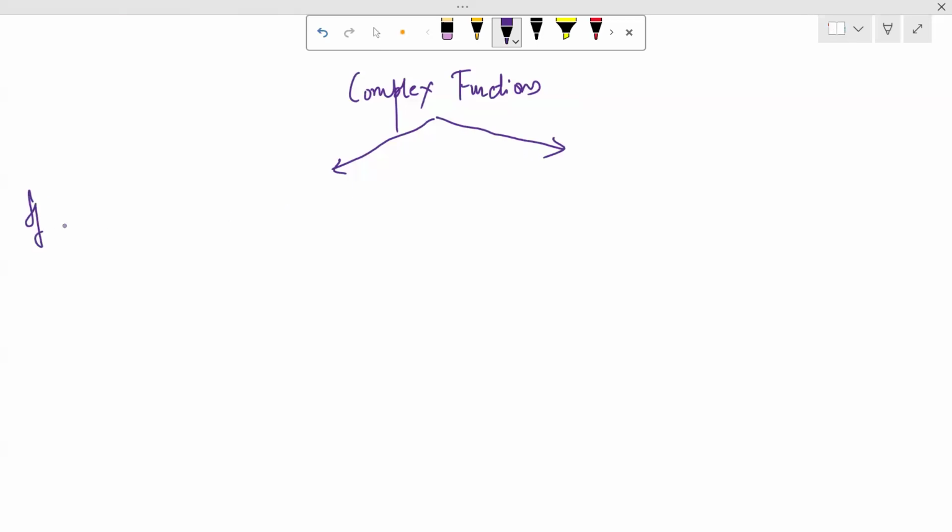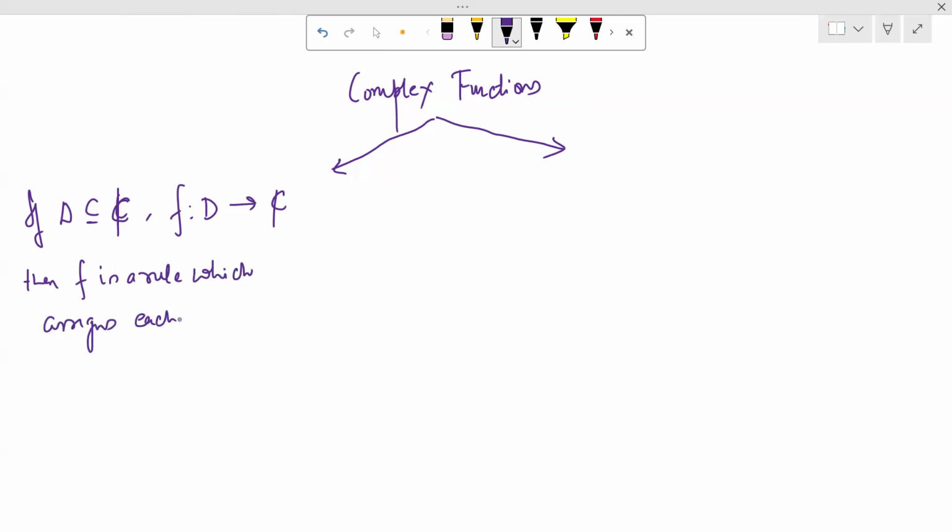Let's say we take any domain, let D be a subset of C, and let a function be defined from D to C. If F is a rule which assigns each value in D to a unique value in C, then this function is called a single valued function.